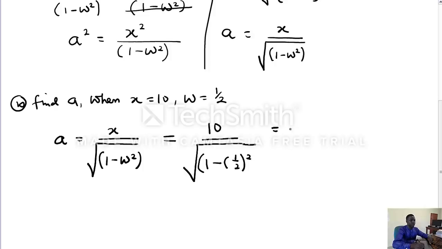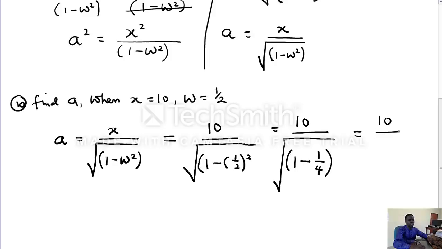And when you simplify further, this is going to be 10 divided by square root of bracket 1 minus half squared, which is half times half, and half times half will give us 1 over 4. Close your bracket, and this is equal to 10 divided by square root of bracket 1 minus 1 over 4, which is 3 over 4.